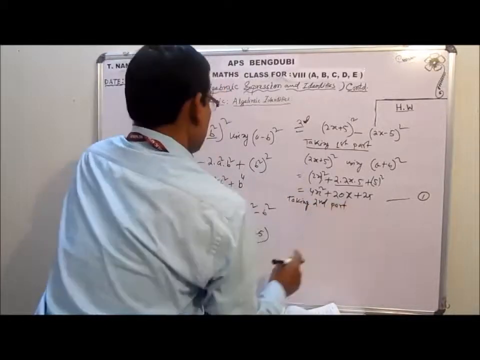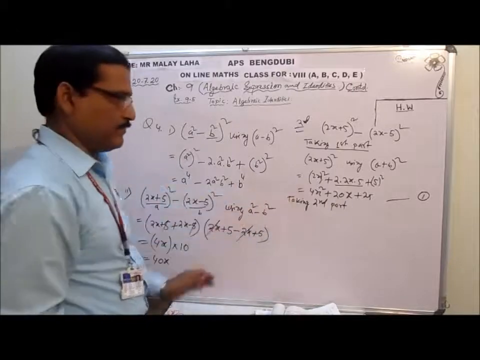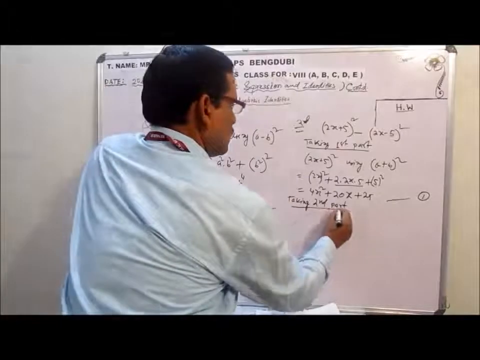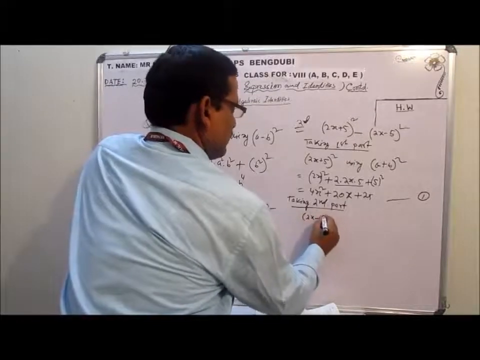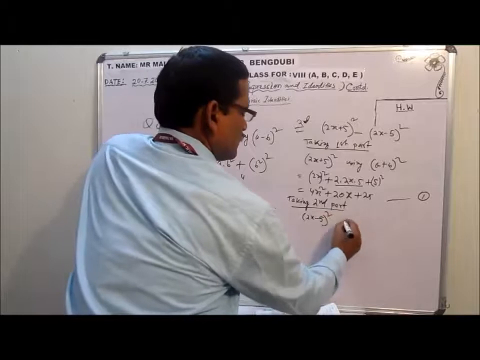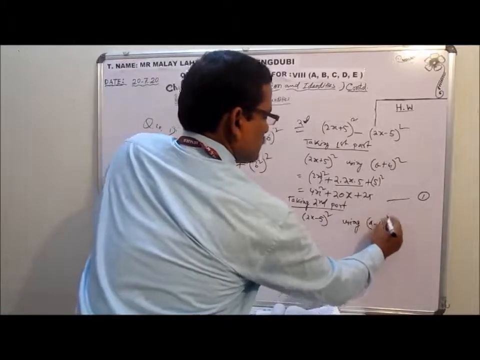Taking the second part. Those who are facing problems while writing here can follow this method also, no problem. What is the second part? (2x − 5)², using (a − b)².